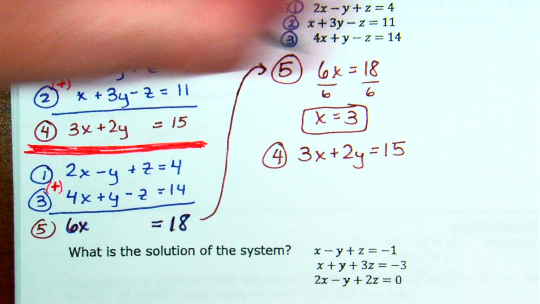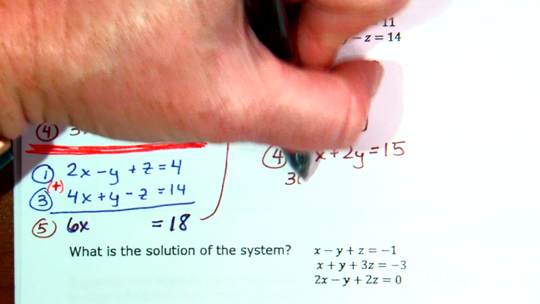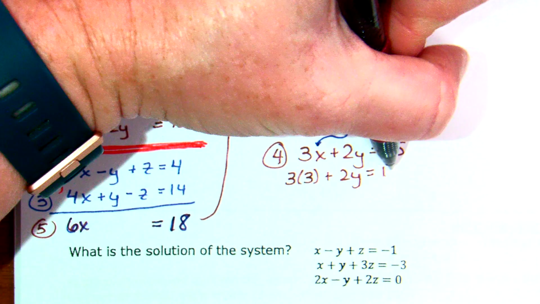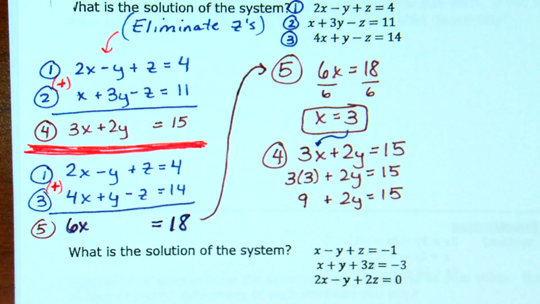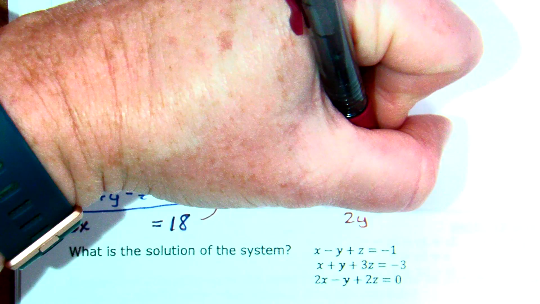Equation 4 is 3x plus 2y equals 15, and what do we know? x equals 3. So, 3 times 3 plus 2y equals 15. 3 times 3 is 9. If it's 9 plus 2y equals 15, what are we doing? Subtract 9. Okay.